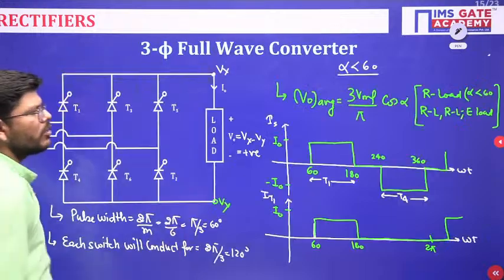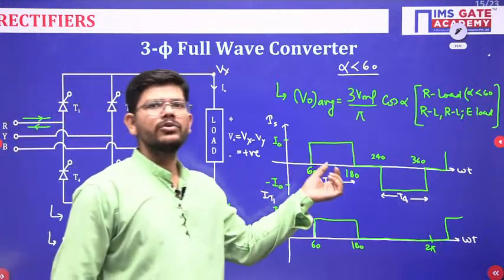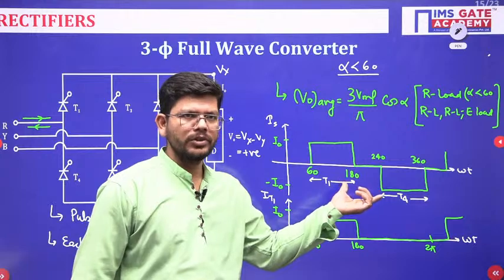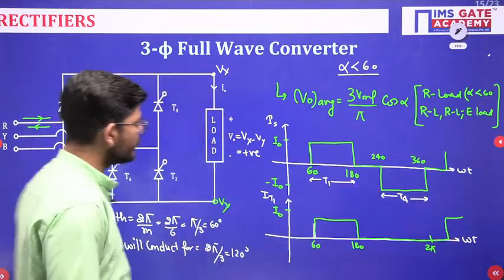It has a quasi-square wave kind of shape, so the way we calculate the RMS value of a quasi-square wave, the same thing we are doing here.